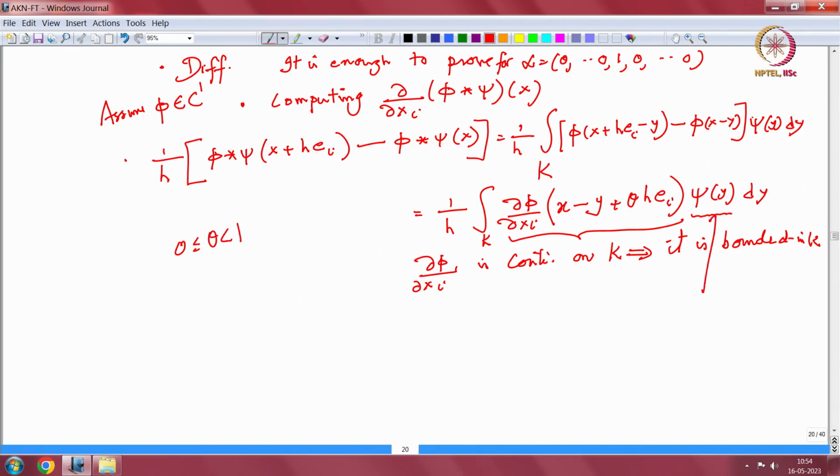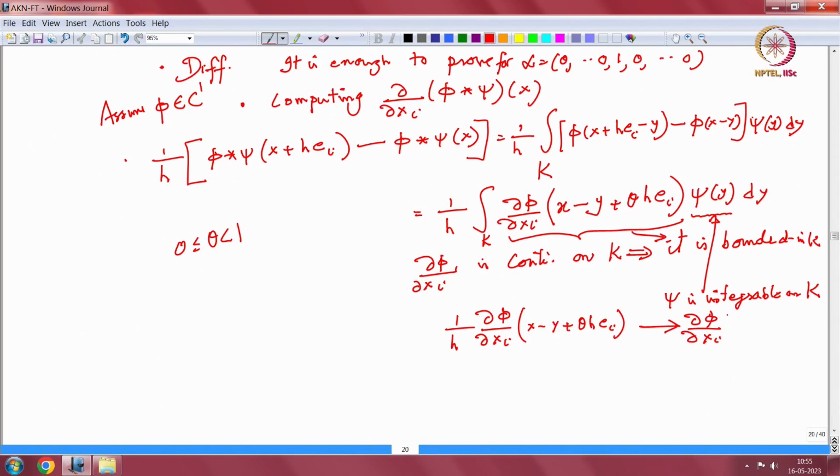So, this is bounded, psi is integrable on k. And this, as h goes to 0, goes to d phi by dxi at x minus y. So, this is pointwise, d phi by dxi at x minus y minus theta h e_i, will go to d phi by dxi at x minus y as h tends to 0.